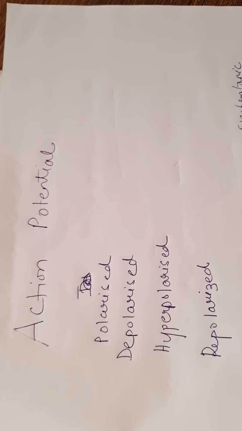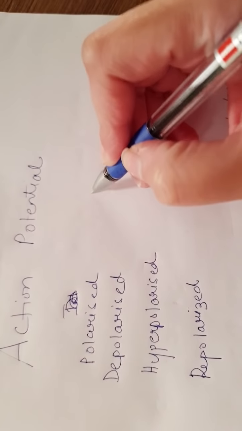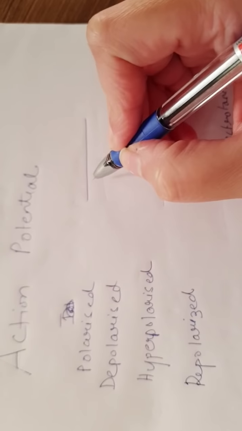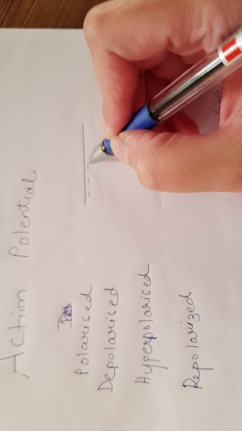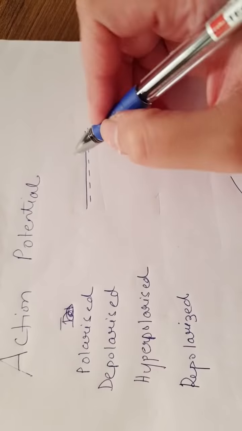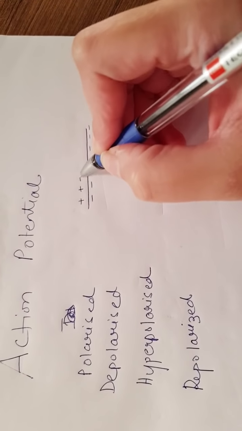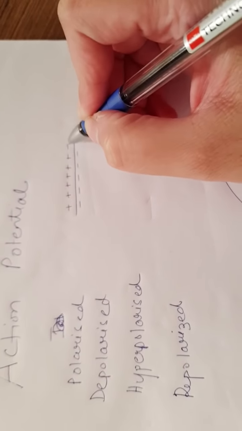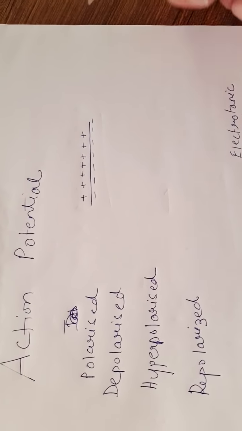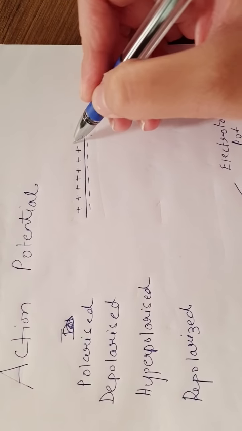Before going on to action potential, we need to know a few terms. That is, what is a polarized cell, what is a polarized membrane, what is depolarization, what is hyperpolarization, and what is repolarization. So polarized. We learnt that the inside of the membrane is negative and the outside is positive. We have seen this experimentally also. So inside is negative, outside is positive.